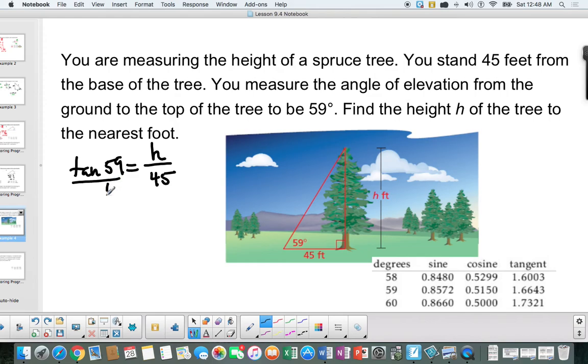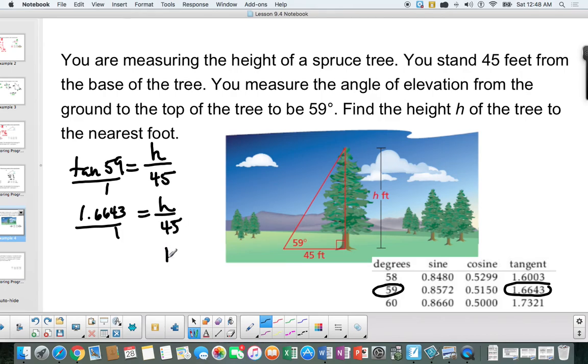I can put a 1 under here to make it look like a proportion. I'm looking at 59, and I'm looking at the tangent column. Pretty soon we'll talk about sine and cosine, but right now we'll just deal with tangent. So the decimal is 1.6643 all over 1 is equal to h over 45.